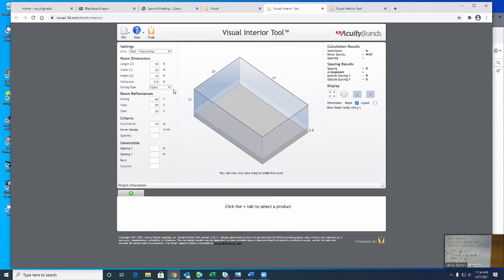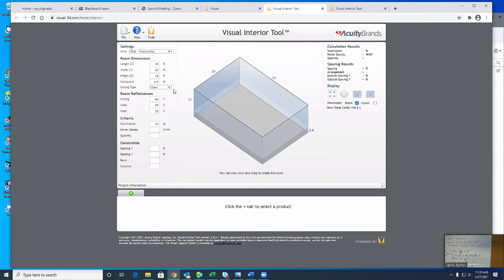All right, so then criteria, constraints, fine. Then on the right-hand side, we have the calculation results. So when we insert an amount of luminaires here, then we will get the luminance in foot candles, the power density in watts per square foot. How many lamps, the spacing, okay, fine.